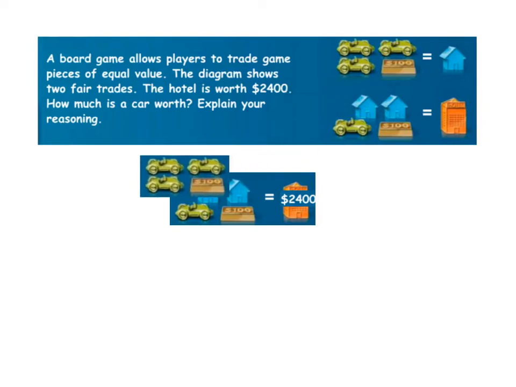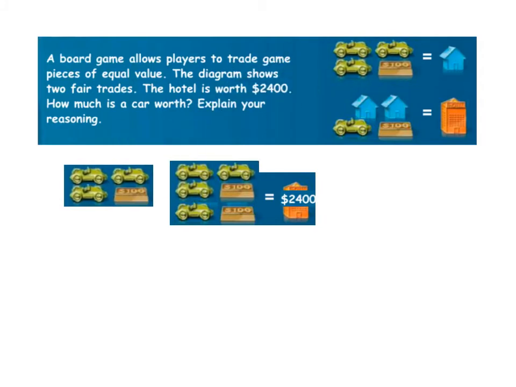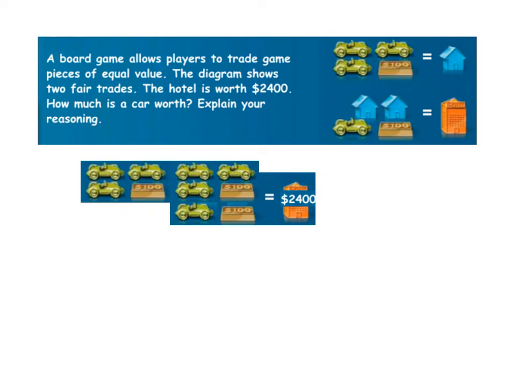There's 2 houses there, so let's replace those 2 houses with 2 groups of the thing that they're equal to, like this. Now what we've got the $2,400 hotel equal to is 7 cars and 3 bars of gold worth $100.